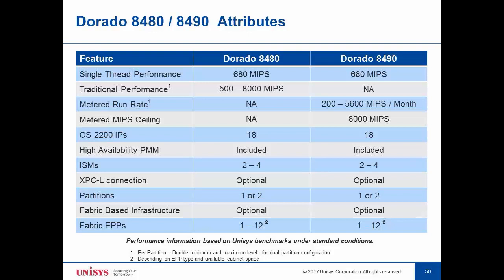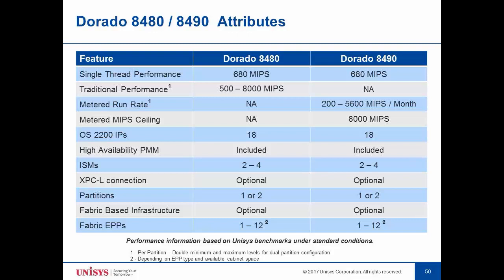Again, we talked about this. The single thread performance for the 8400 is 680 MIPS, a good 15% higher, I don't want to overstate here, than the prior 8300 single thread performance. Performance goes up to 8,000 MIPS, which is head and shoulders above anything that we have released prior for the Dorado family.